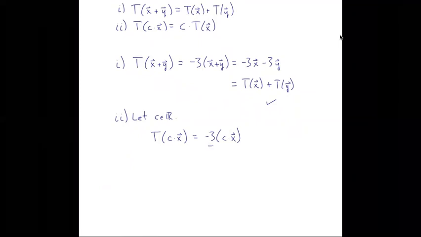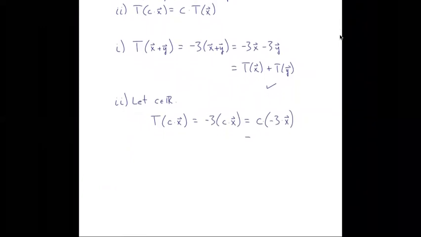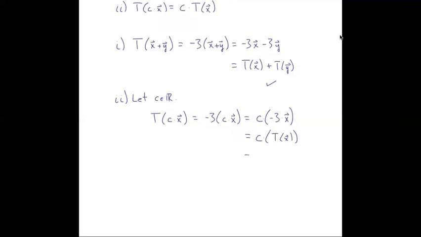And since this is a constant and this is a constant, we can rearrange them. We can put a C out here times -3 times X inside. And then we realize inside the parentheses is just T of X. And we have exactly what we're looking for here. This thing passes constants through it, so we're just fine.